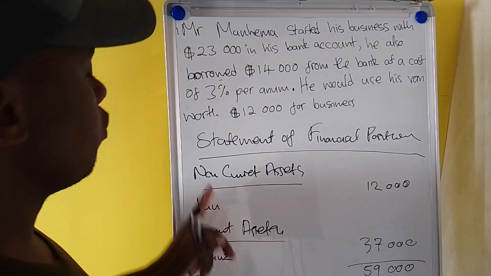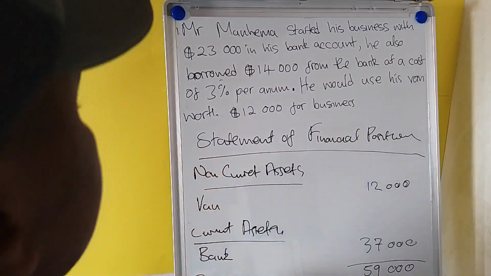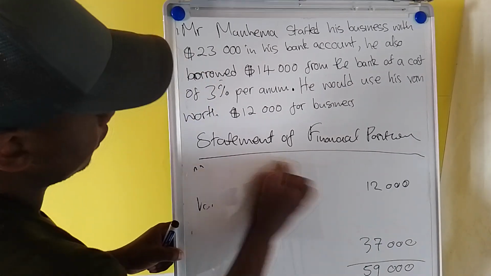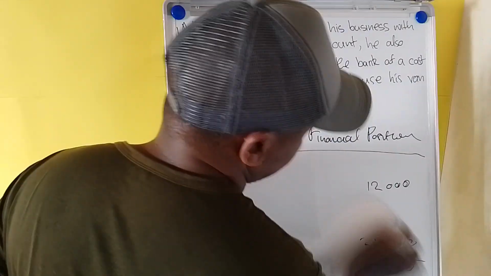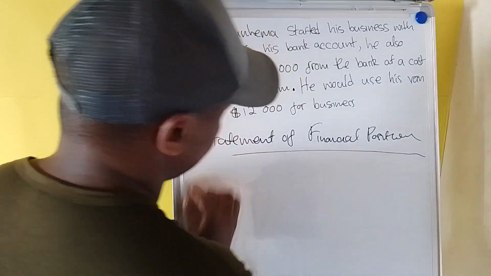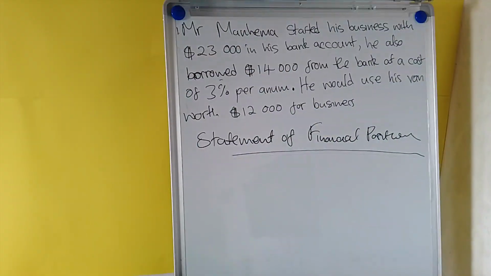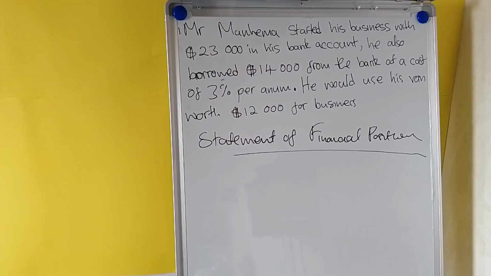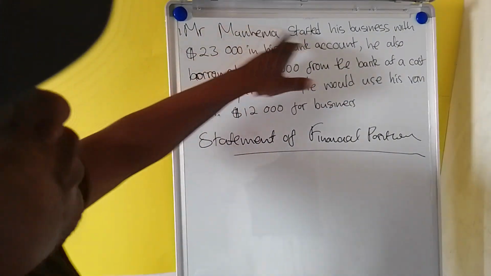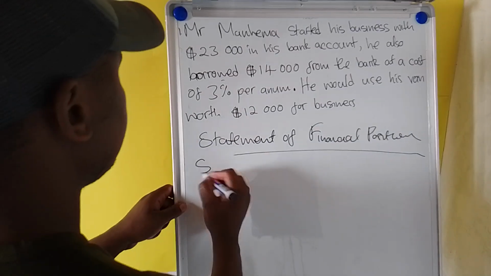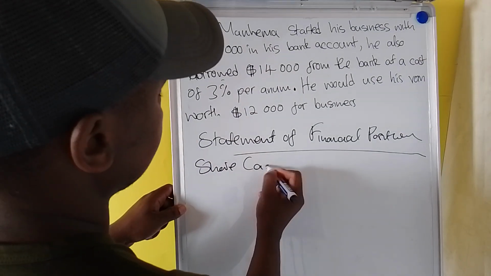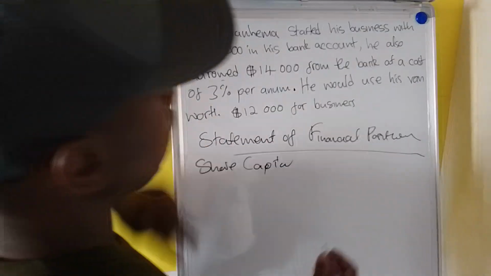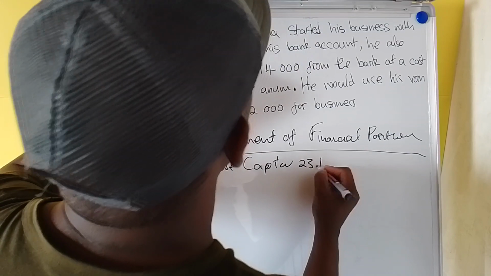Now let's look at the component of capitals and liabilities. On the first statement we have got this 23,000.